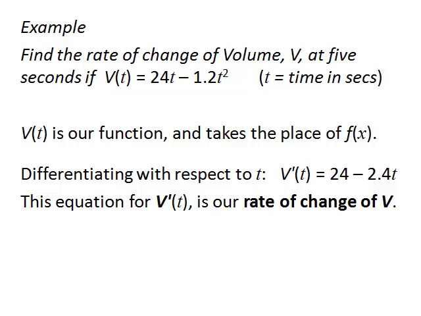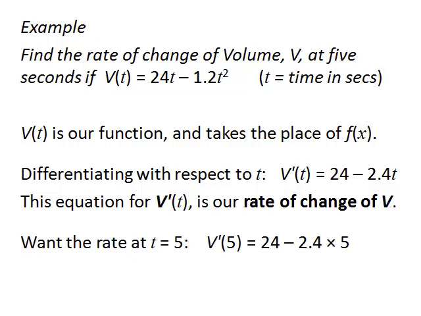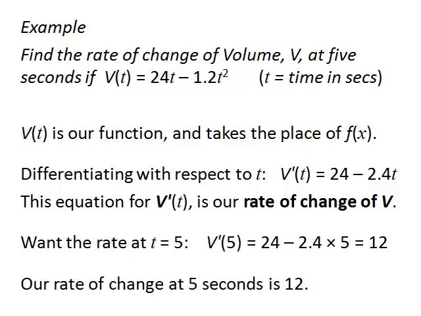And we're asked what is the rate of change at 5 seconds. So we stick 5 for t into our rate of change equation, and the answer we get is 12. So our rate of change at 5 seconds is 12.